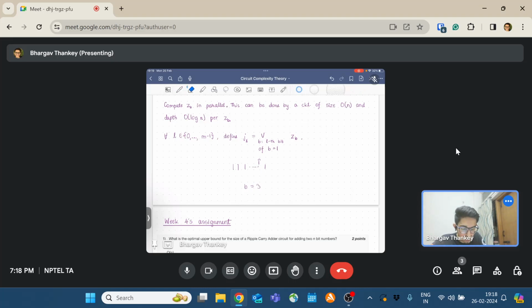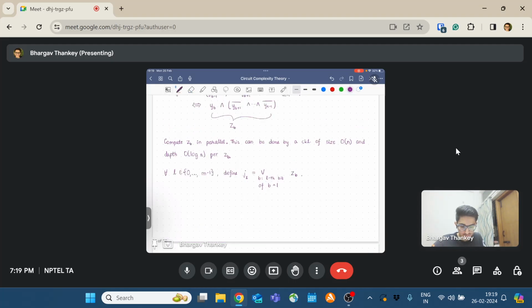This circuit basically does this. If you remember the multiplexer from digital logic, this is something like the multiplexer. Is this fine? Okay, then let's look at the next problem.